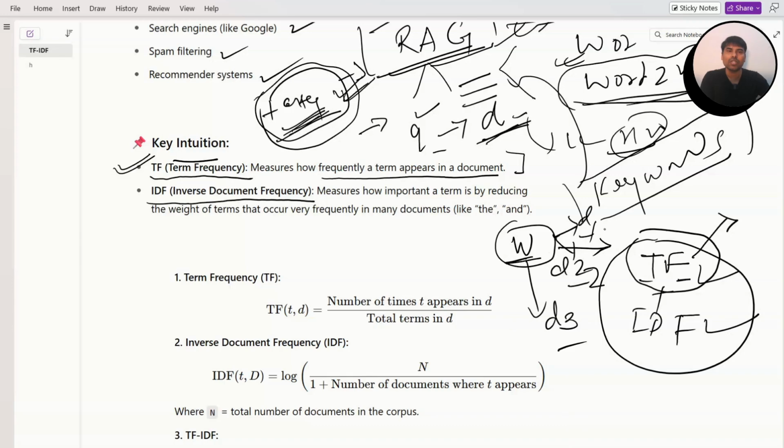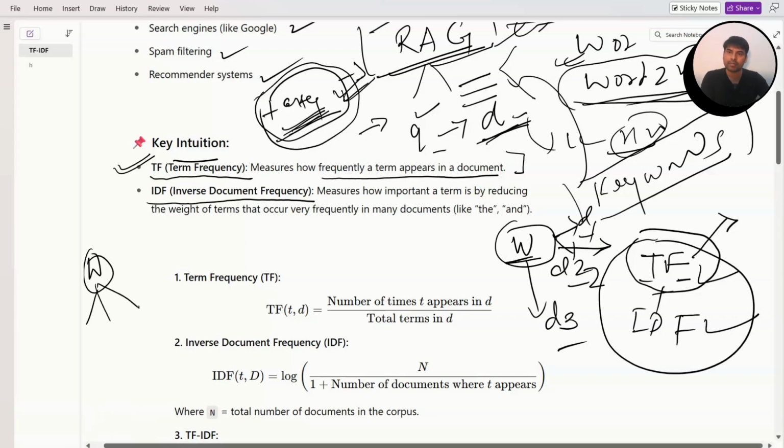So this occurrence is local. I'm finding the distribution in a given document, so it's local to that document. I have three documents, D1, D2 and D3, and this frequency is local to each document.